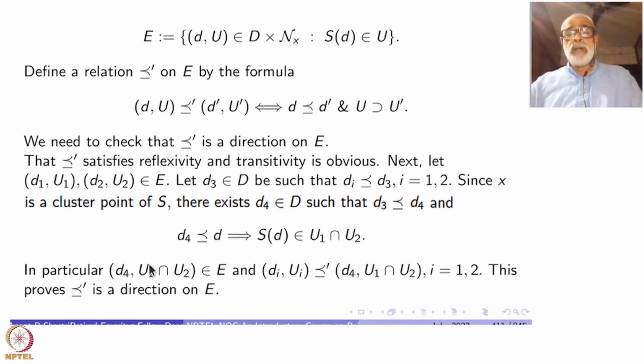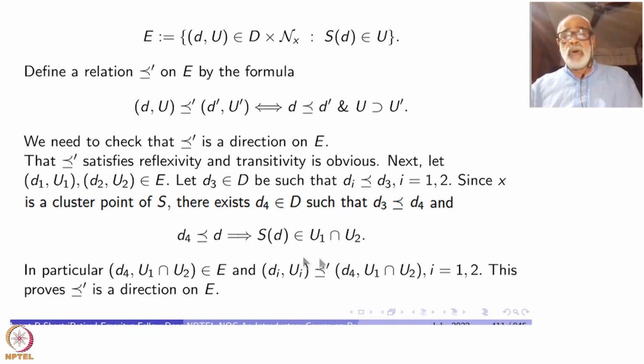First of all, this ordered pair is an element of E. It will be bigger than both (D1, U1) and (D2, U2). Why? Because D1, for example, is less than or equal to D3, and D3 is less than or equal to D4.